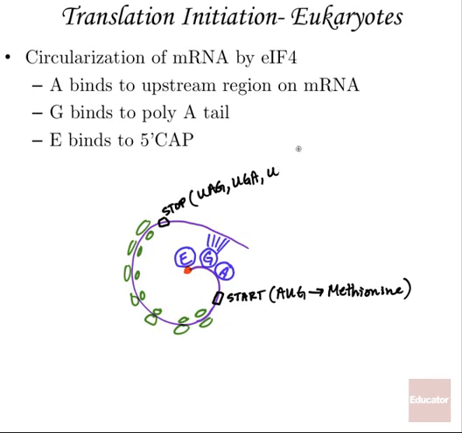Sorry about that. UAA. Okay, UAG, UGA, UAA. And these, remember, do not code for a tRNA, and therefore do not code for an amino acid. They code for a release factor.